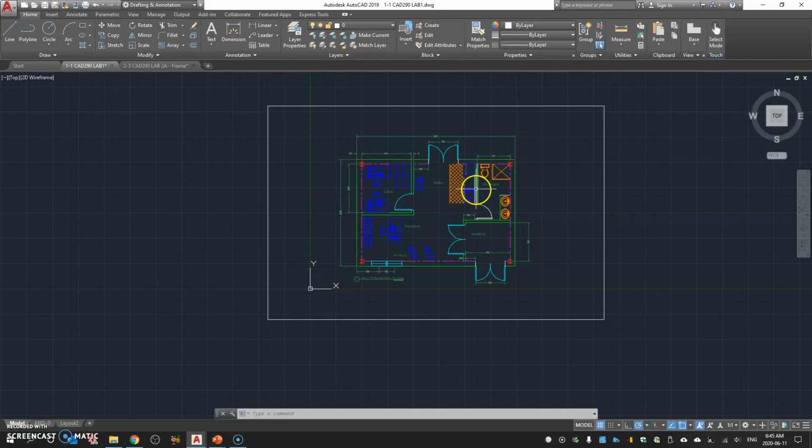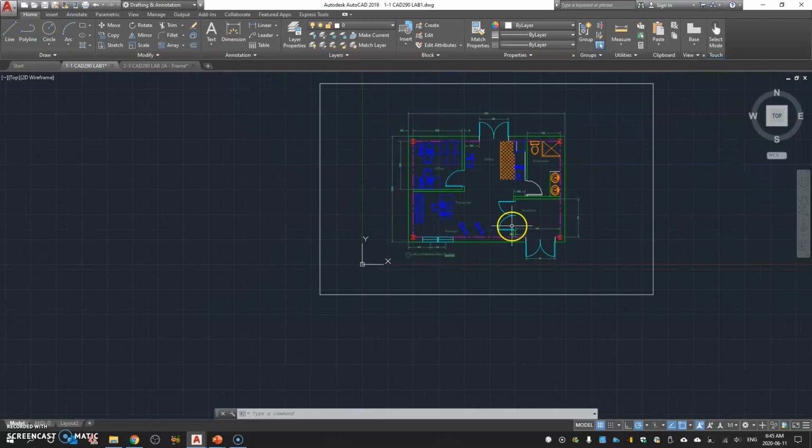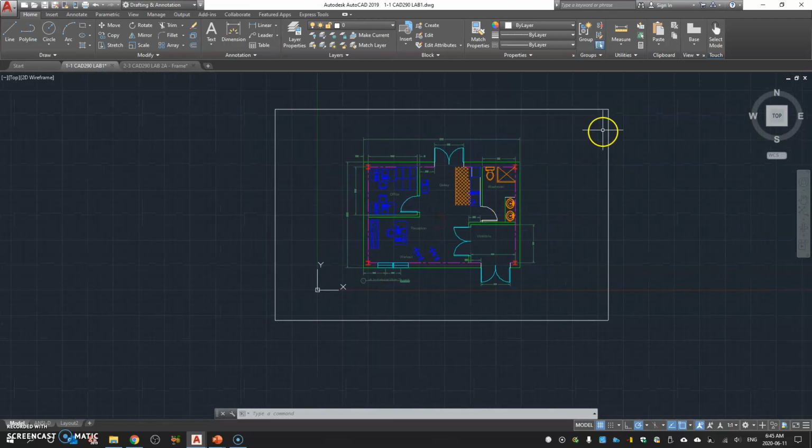This is the result of lab 1, okay? And in lab 1, you learned that we draw this, and this is done by Tim. So he drew this, and after that, he put a frame around it, which is a D-size sheet. So we're going to go there in a few minutes, okay? So this is about the drawing, and I want to have a frame around it, or sometimes people call it a title block.